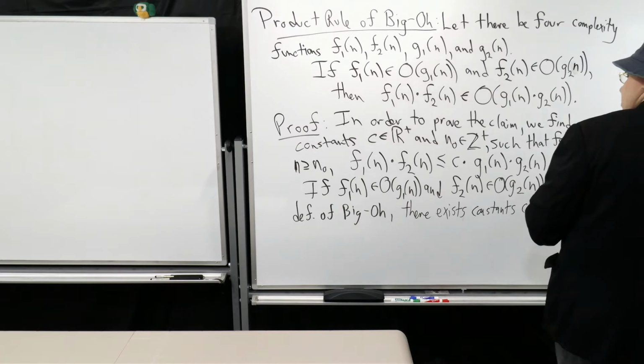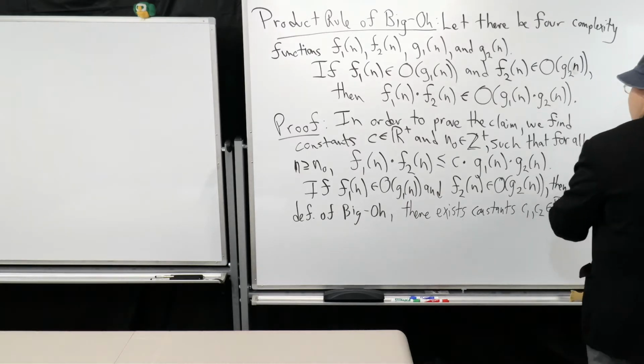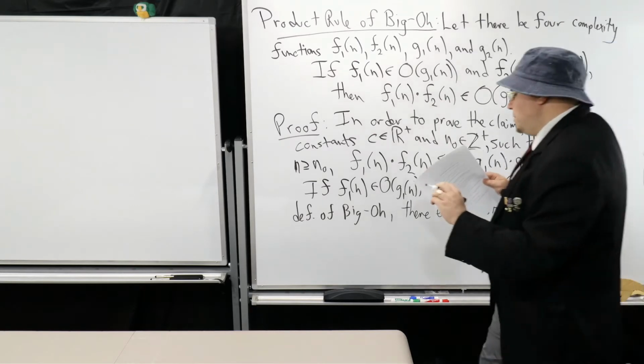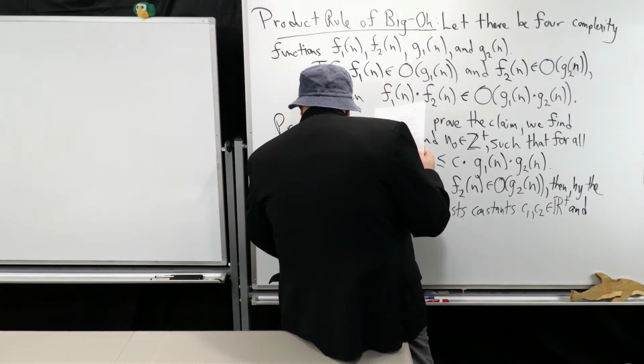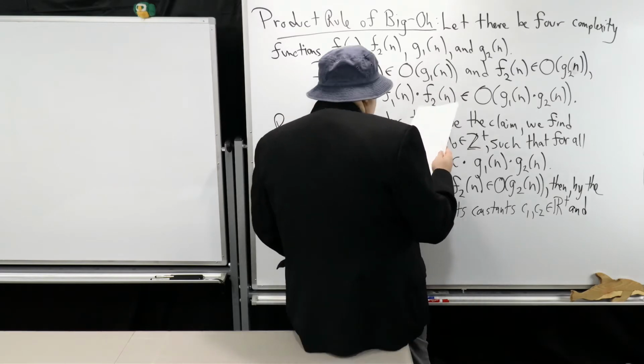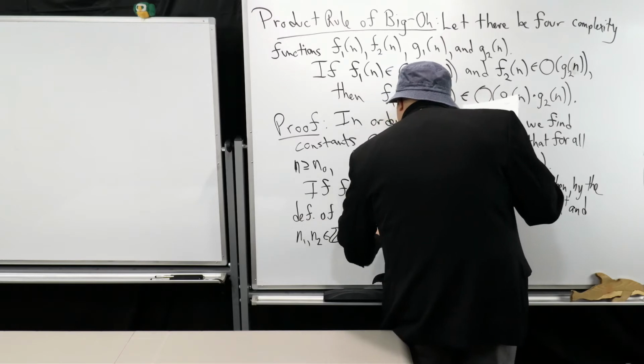These are positive real constants, one for each invocation of the definition of big O, and N1 and N2, which are going to be positive integers, such that both the following things are true.